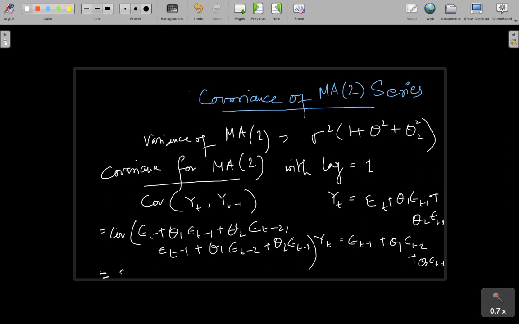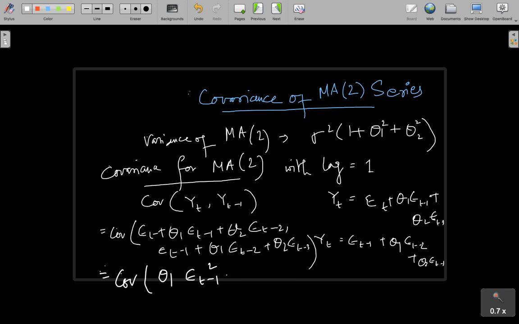So I can write theta 1 epsilon t minus 1 square, right? And if I multiply with the other terms, epsilon t minus 1 with epsilon t minus 2, and epsilon t minus 1 with epsilon t minus 3, they are going to cancel out because of the IID property.